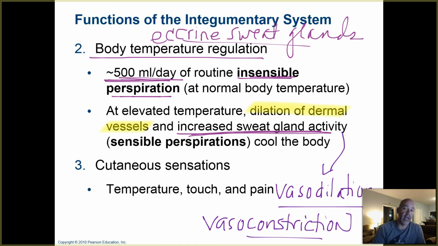Also, when you get cold, sweat gland activity is inhibited. The nervous system tells those eccrine sweat glands, hey, quit making so much sweat. We don't need sweat evaporation going on at the surface. So that's how these structures in the skin help control body temperature.